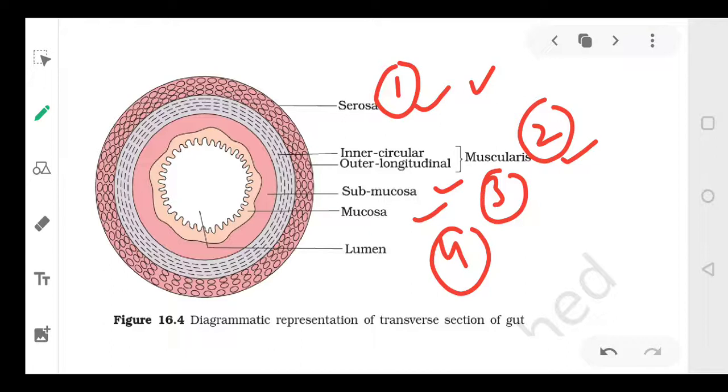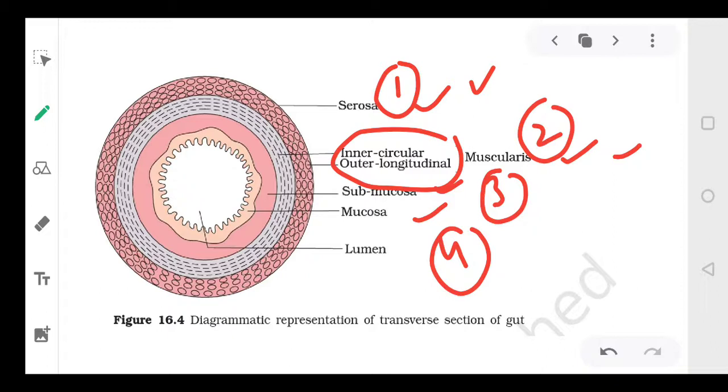The second layer, which is muscularis, is made up of smooth muscle cells, and it is arranged in the form of an inner circular and outer longitudinal layer. So your muscularis layer, made up of smooth muscles, can be divided into 2 main categories, that is inner circular and outer longitudinal layer, right? Is it clear?